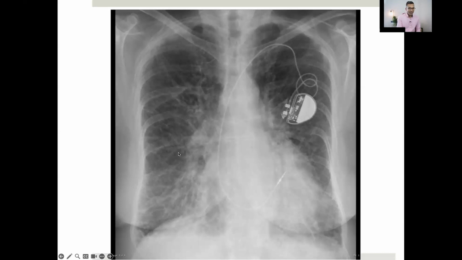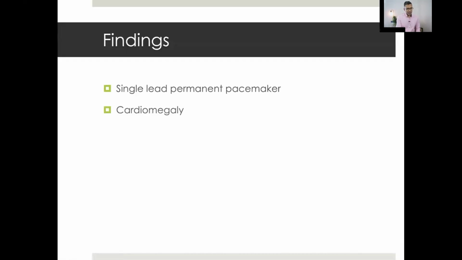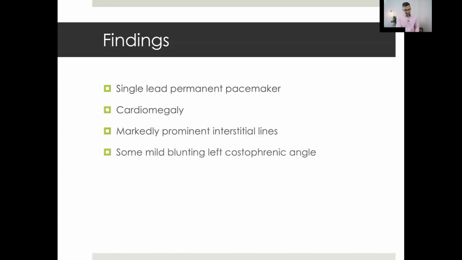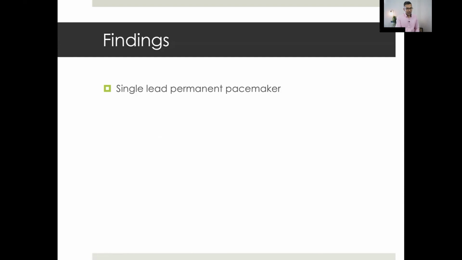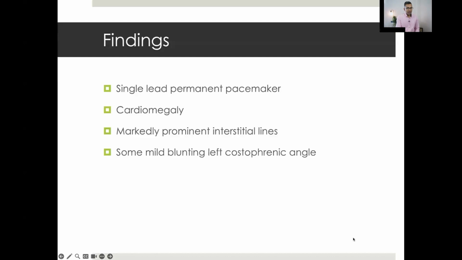But these markings are going horizontally and not going necessarily outwards from the hilum. So these are some curly B lines, single lead pacemaker, cardiomegaly, prominent interstitial lines. There's some mild blunting of the left costophrenic angle. Absolutely. And diagnosis, yeah, so clinical picture is consistent with heart failure APO.